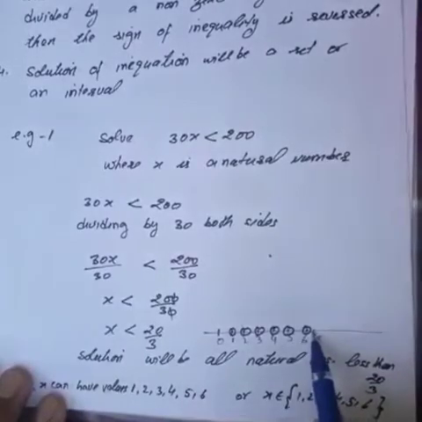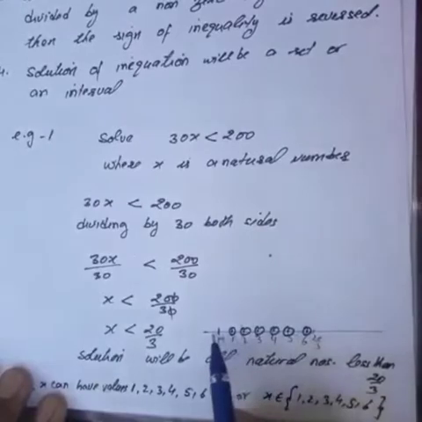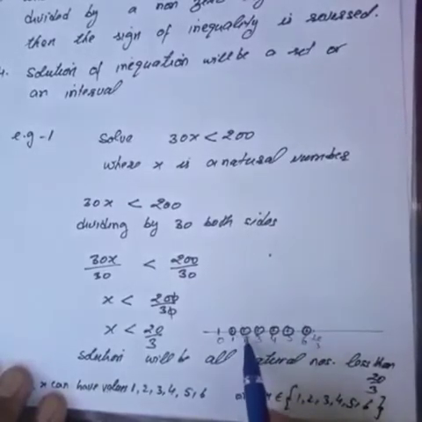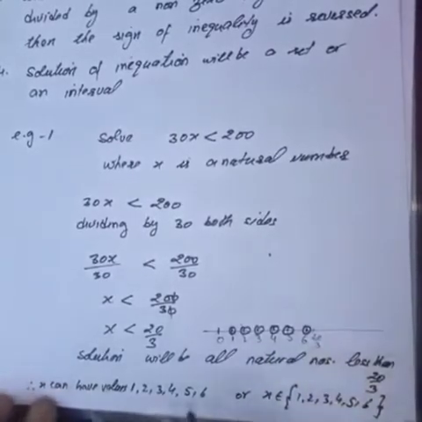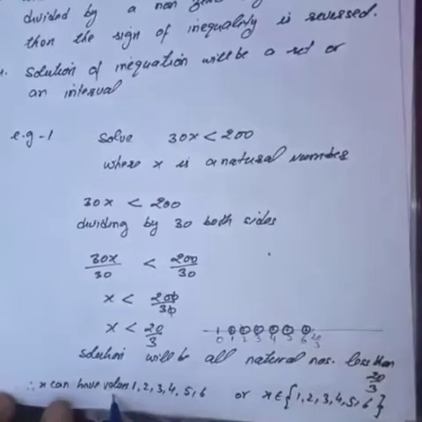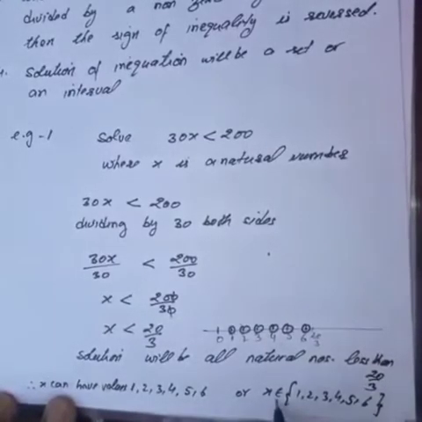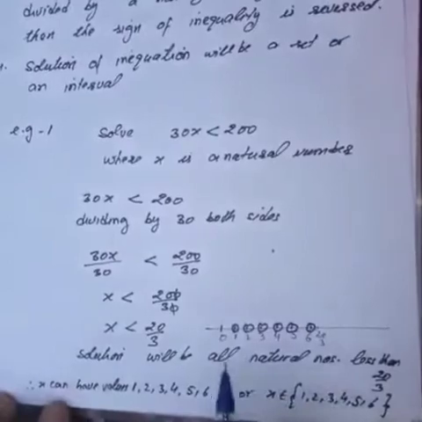We have to select natural numbers below 20 upon 3, so they will be 1, 2, 3, 4, 5 and 6. So x can have the values 1, 2, 3, 4, 5, 6, or we can write x belongs to the set containing 1, 2, 3, 4, 5, 6. So I hope it is clear.